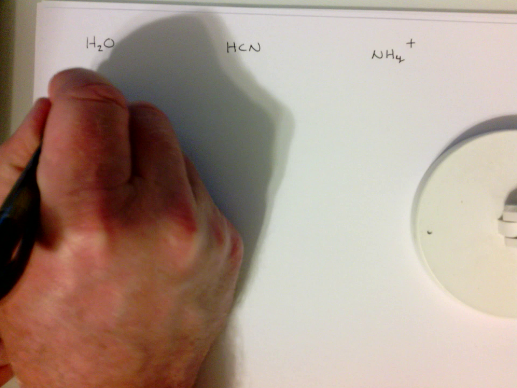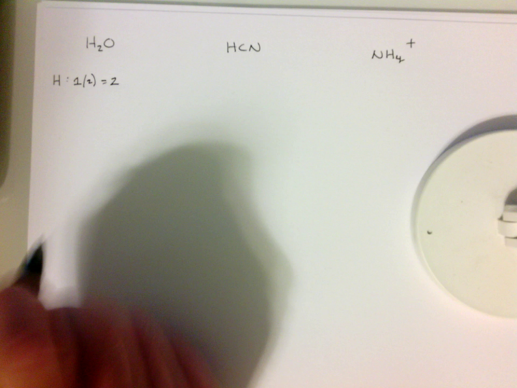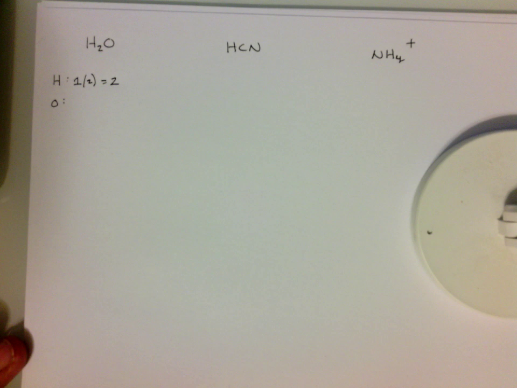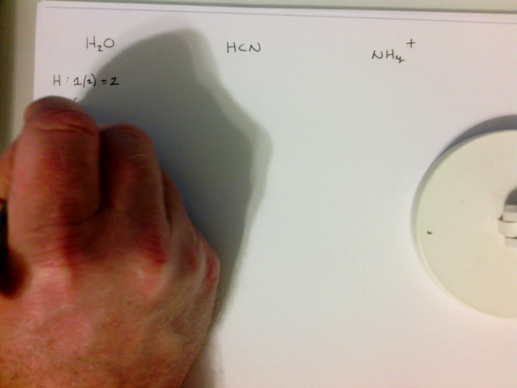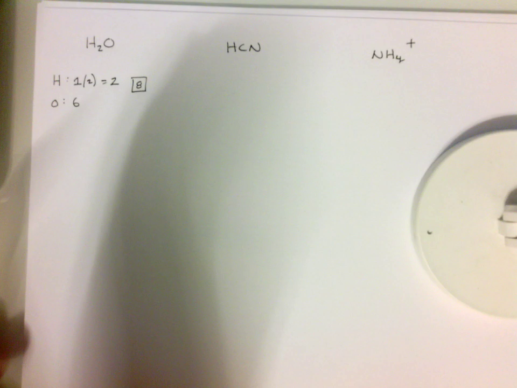We have 2 hydrogens in this molecule for a total of 2 valence electrons. For oxygen, if we were to draw out the electron configuration or glance at our periodic table, we know that it has 6 valence electrons, bringing our total to 8.